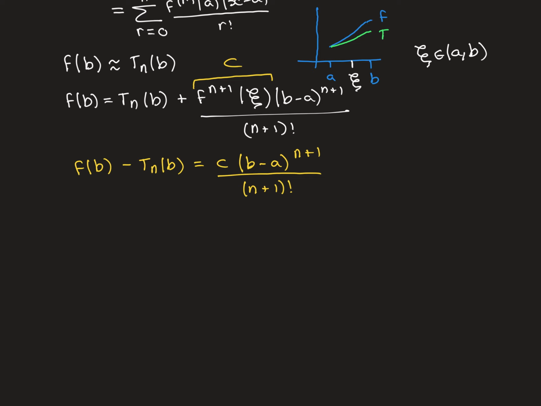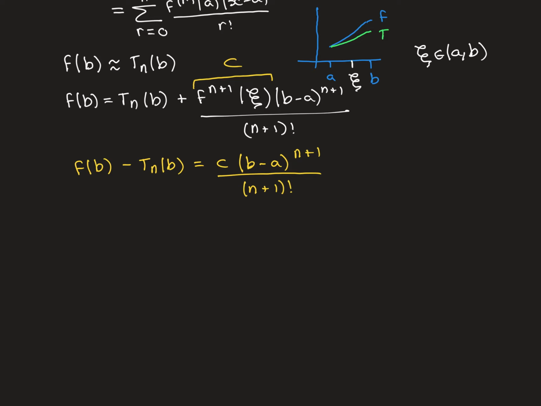N, yes, is a general natural number, and this theorem is going to apply for all n's, but in a specific problem where you've chosen your n, it is just a constant. B minus a is also just a constant. That's the difference between these two numbers, the length of your interval. So n plus 1 factorial is just a number. This is also just a number. So we can multiply through by n plus 1 factorial and divide through by this, because it isn't going to equal 0 as long as this interval isn't just a single point, which we're assuming it isn't.